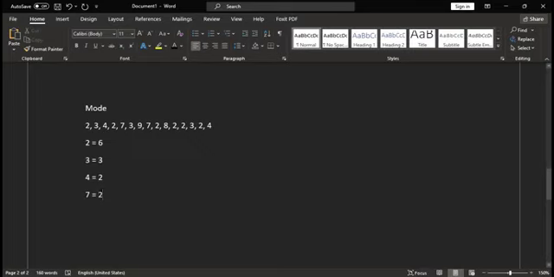Yes, the next is 9. 9 has a frequency of 1. After 9, we've done 7, 2, we have 8. 8 has a frequency of 1.